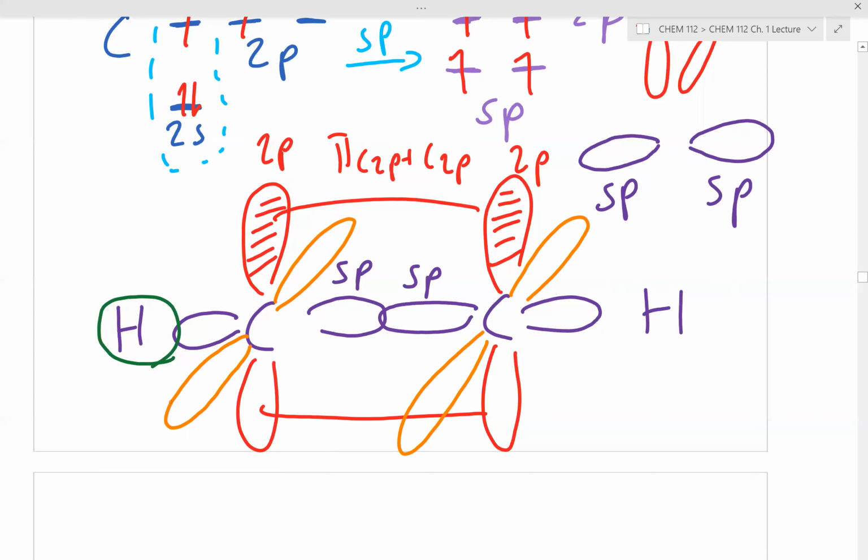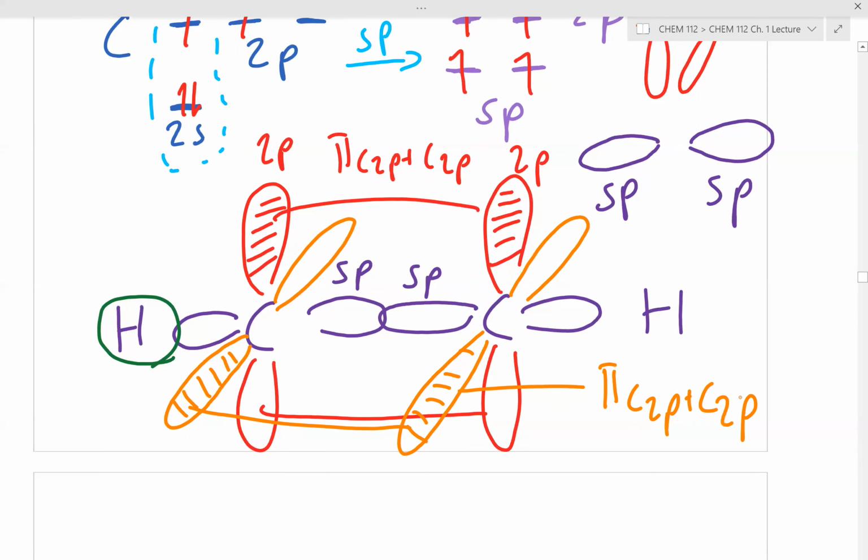Now, just like before, p orbitals are phased. And since we have another set of p orbitals to work with, can we overlap those p orbitals and form another pi bond? Yes. So this is our second pi bond. This is a pi carbon 2p plus carbon 2p.